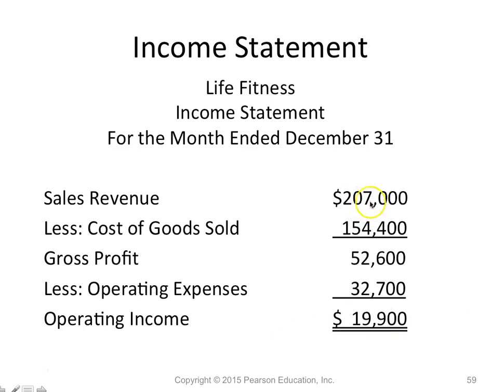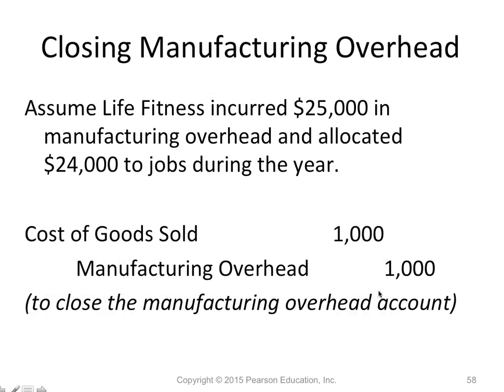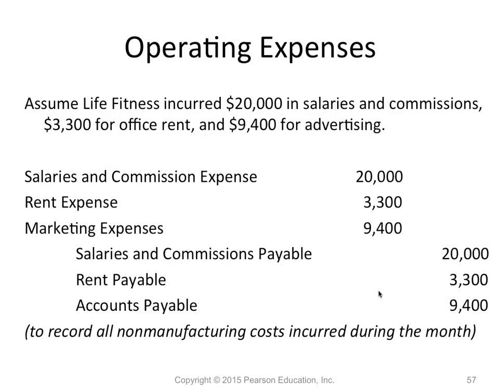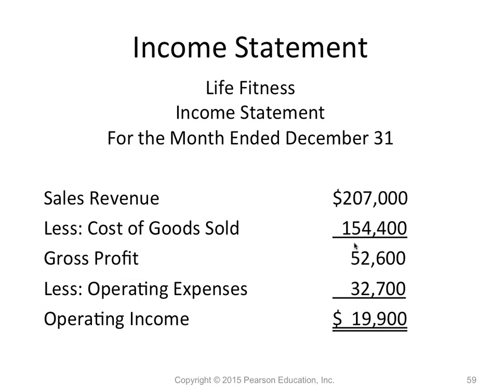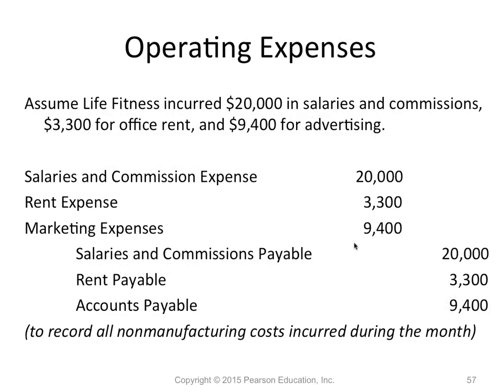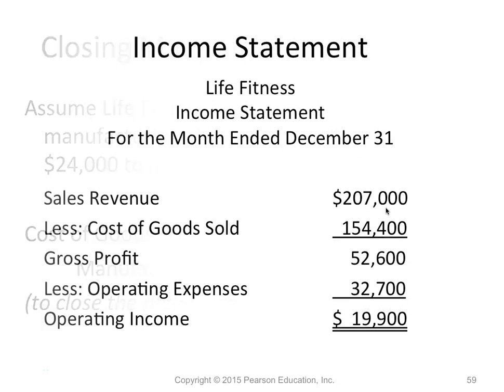If it's this one minus this one, it's $52,600. Operating expenses total $32,700 in here. So easy calculation, you can find out. So basically, it's all down here.